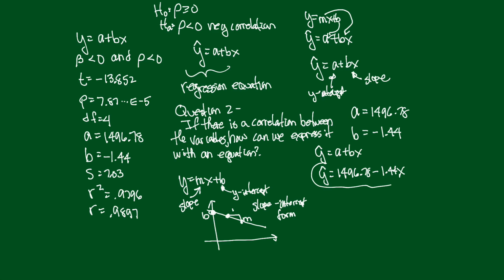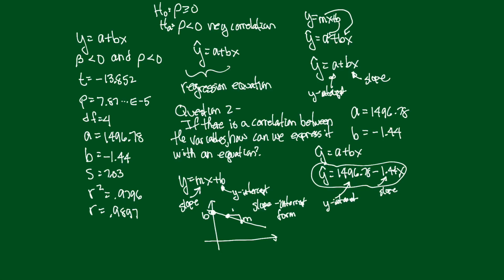There is the relationship between x and y. So if I'm given a value of x, which was what? That was a barometer reading. If I'm given a barometer reading, I can multiply it by negative 1.44 and add 1496.78 and get out a pretty good estimate for the wind speed of that cyclone.